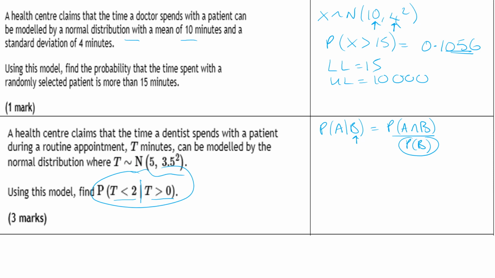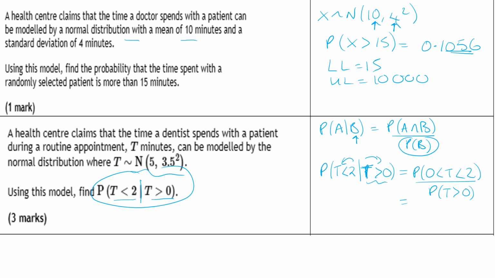So applying that to this situation here, we've got the probability that T is less than 2, given that T is bigger than 0, is going to be where do these two intersect? Where are we less than 2 but bigger than 0? That's going to be when we are in between 0 and 2, divided by the probability of what comes after the line, the probability that t is bigger than 0.